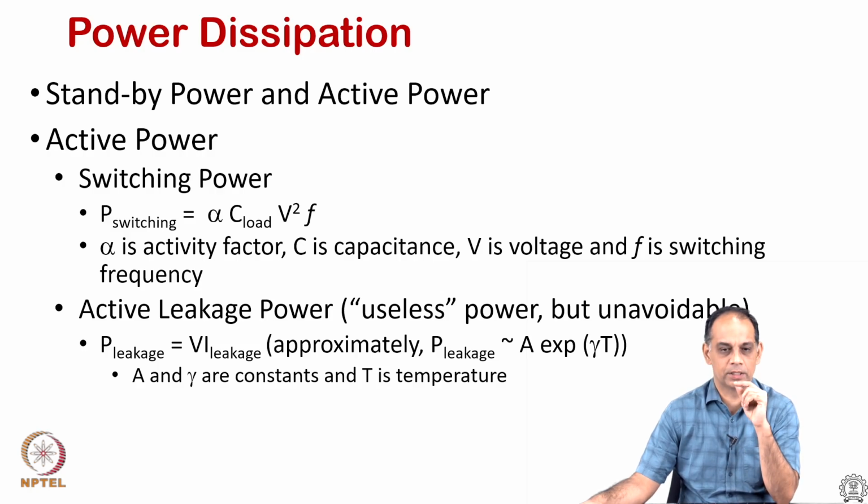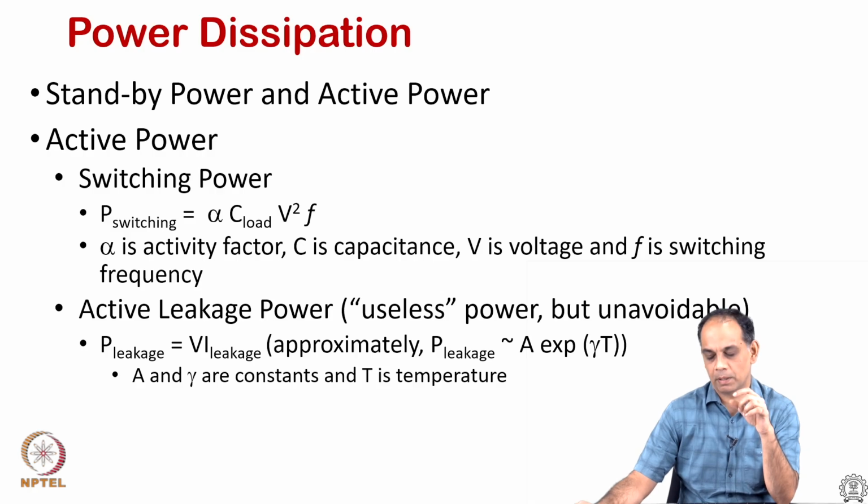So, this leakage current component has a very strong, exponential dependence on temperature. This exponential dependence on temperature is one of the big reasons why some of the processors in the earlier days, in 2004-5, had to be pulled out of the market, because there were a lot of thermal management issues.